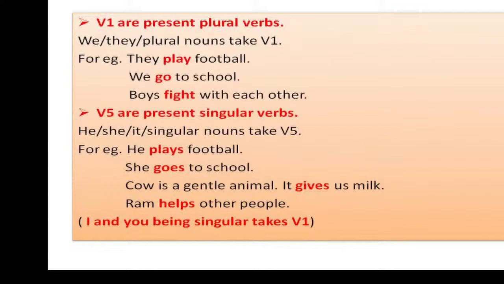These are singular pronouns, and singular nouns take verb 5. Now let's have a look on the example. For example, he is a singular pronoun, so he plays. In the above sentence, they was plural, so play was used, whereas in this sentence he is singular, so it has taken verb 5 form.